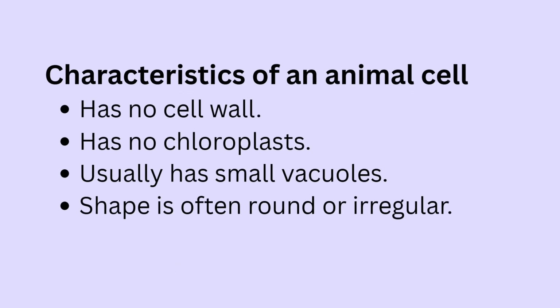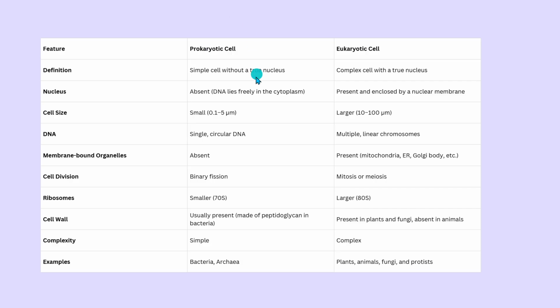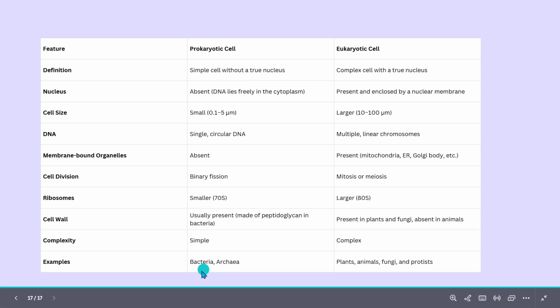But there are some types of cells which do not have a nucleus. So the genetic material is spread in the cytoplasm. Such cells are called prokaryotic cells. Examples of such prokaryotic cells are bacteria and archaebacteria. Just remember bacteria, the simplest organisms.